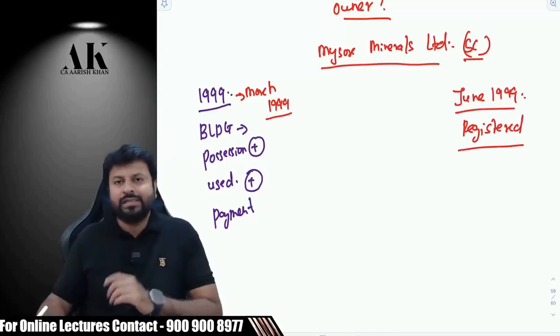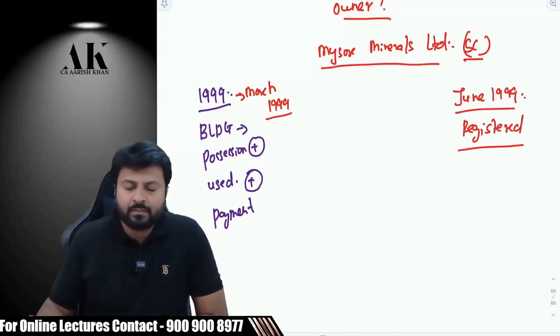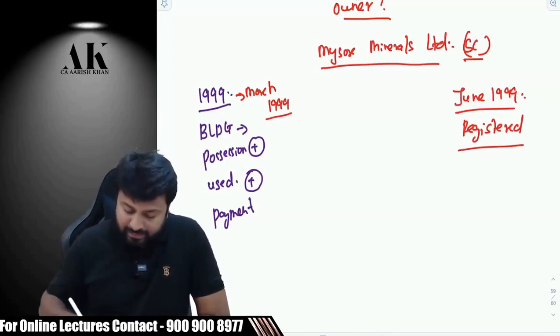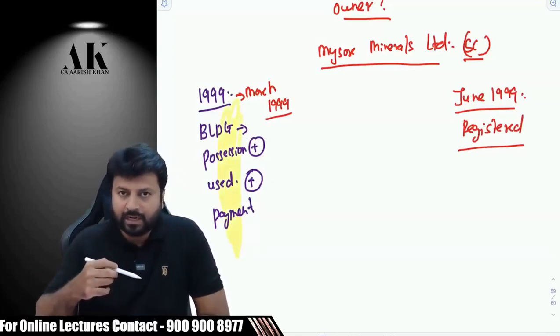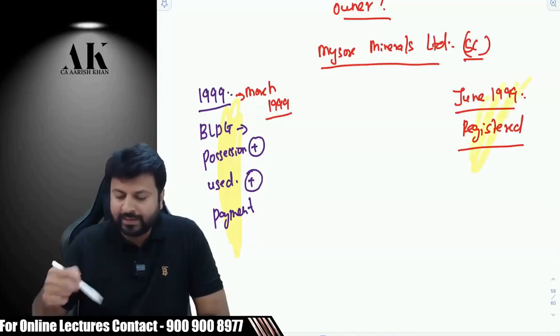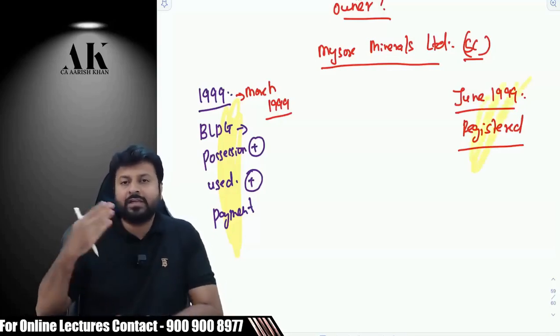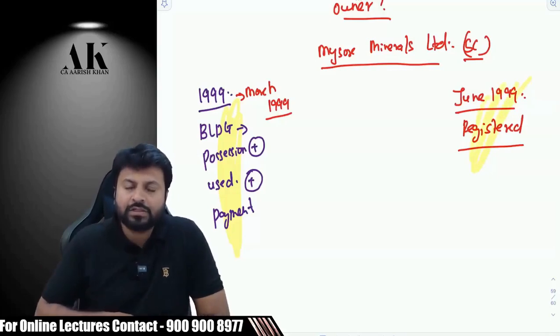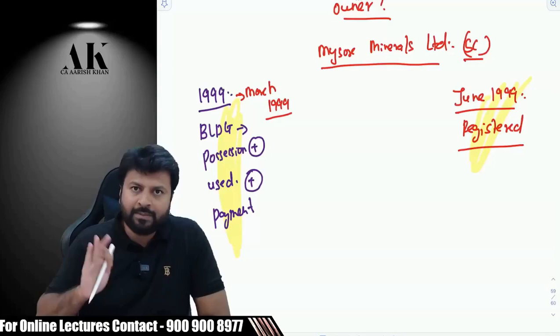So now the question in front of all of us is, when will the assessee get depreciation? Whether in March 1999 or in June 1999. The problem over here is that the financial year changes, and because the financial year changes, it will impact the assessee.